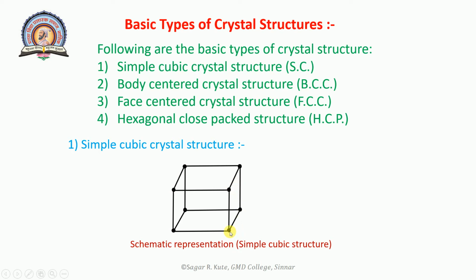This crystal structure does not have atoms at the faces and the center of the unit cell. A simple cubic crystal structure has a total of 8 atoms.